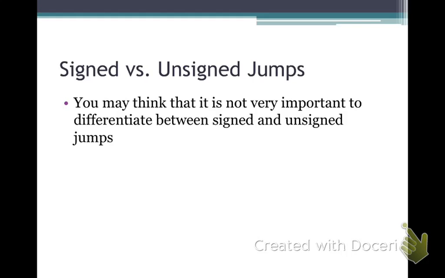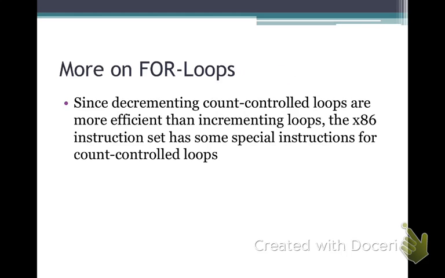So be very careful. If you are comparing data that is unsigned, use the unsigned branches, because they're only going to look at the zero flag and the carry flag. Okay? So be careful. That's my only message to you on that one.